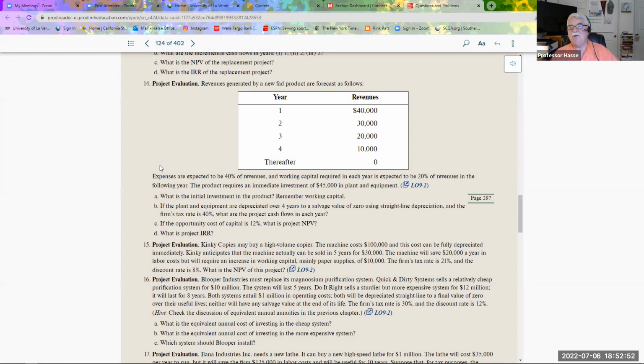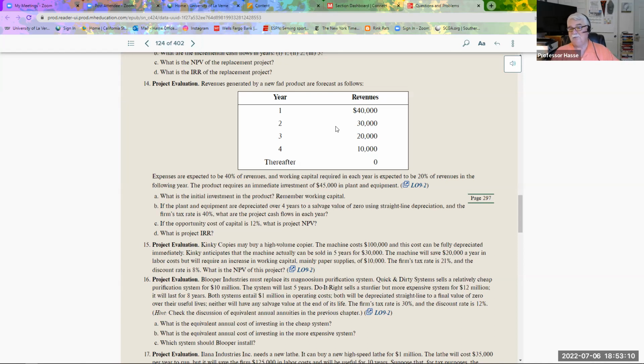In other words, if I have $40,000 revenue, my working capital is 20% of that, $8,000. If my revenues in year 2 are 30,000, that means my working capital has to be $6,000, and so on.